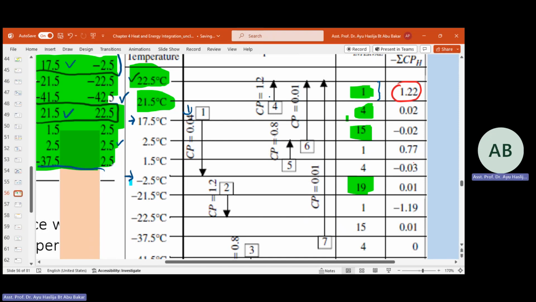So sum all the CP: 1.2 plus 0.01 plus 0.01. It involves streams 4, 6, and 7. Any hot stream involved? No, right? In this interval, there is no hot stream. So total of CPC is 1.22. That's how you get 1.22.